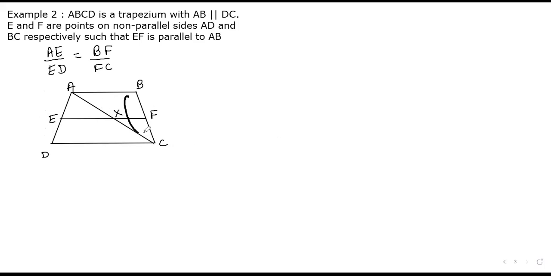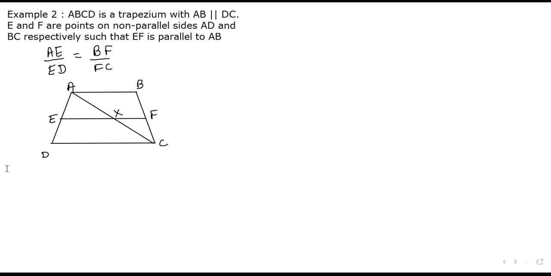And if you consider this triangle, again there could be BPT. Same AX upon XC would be BF upon FC. Yes or no? So AE upon ED is equal to AX upon XC, and BF upon FC is also equal to AX upon XC, so AE upon ED and BF upon FC become equal.